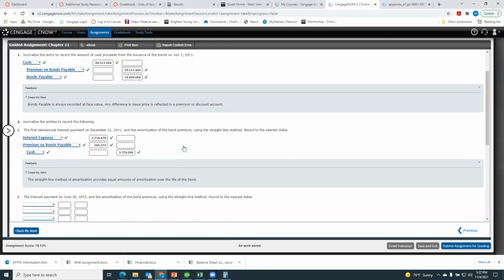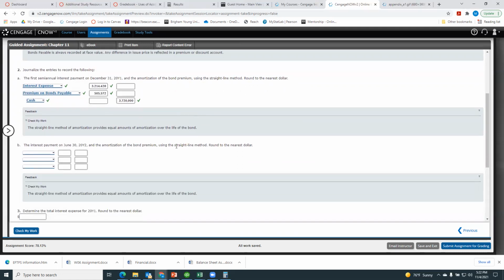All right. So our second interest payment, the one at June 30th, is going to be identical to this one. We're going to have an interest expense, a premium on the bonds payable, cash, and the numbers are going to be the same because it's the same period of time, 6 months' worth: 3,720,000.